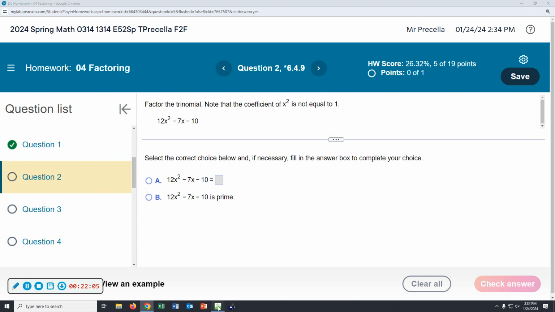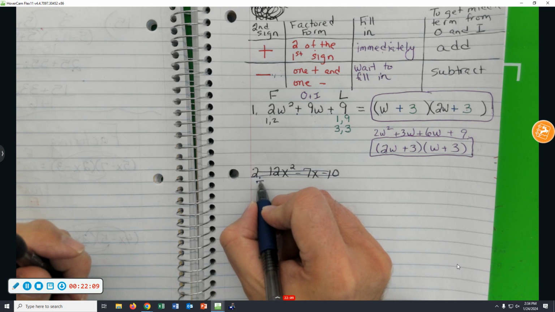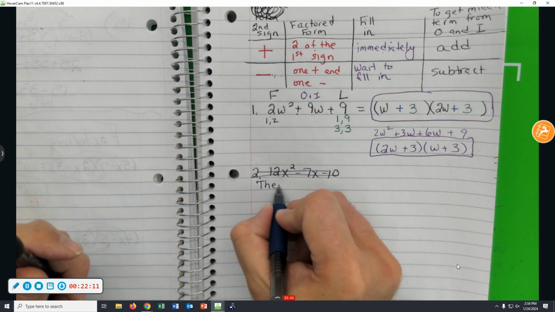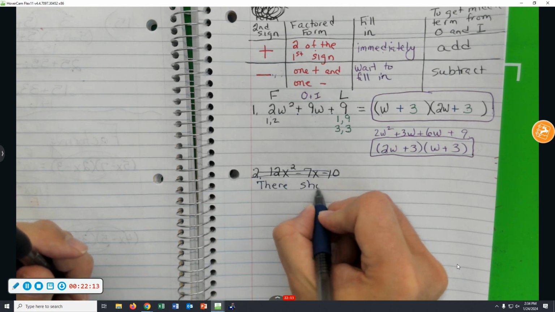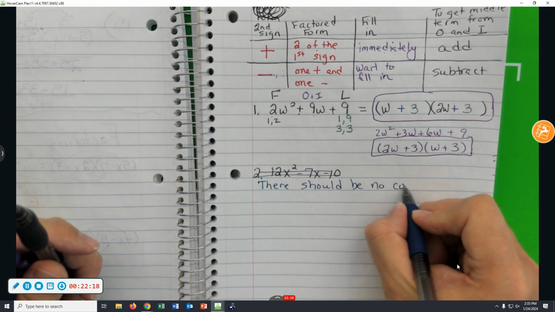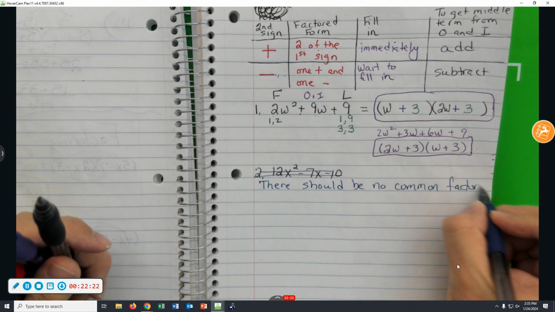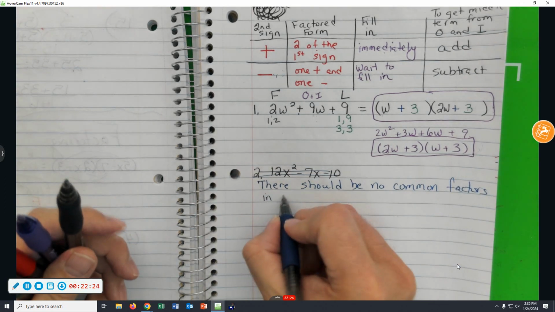Wait, let me switch over here. Okay, I'm writing out a sentence. There should be no common factors other than 1 in the parentheses.